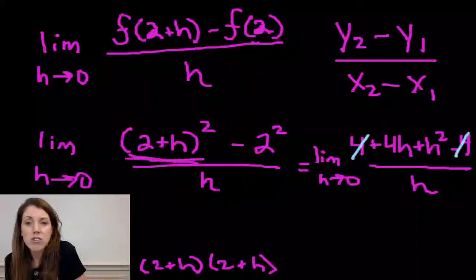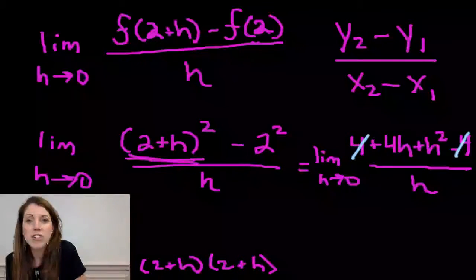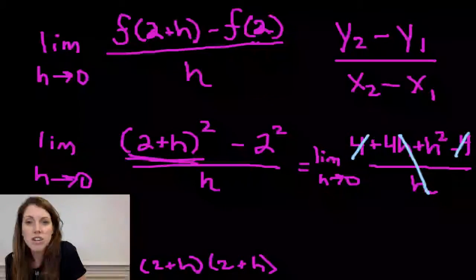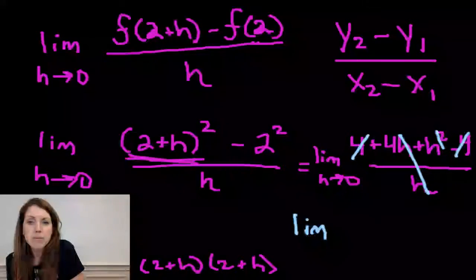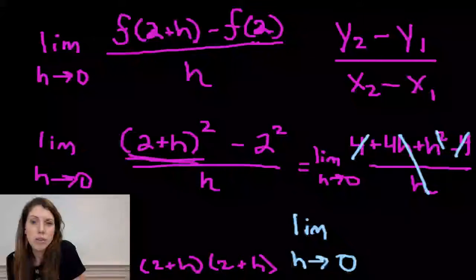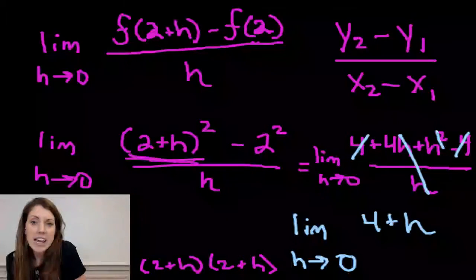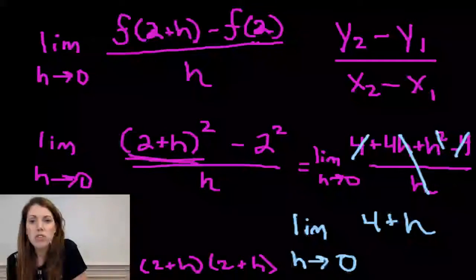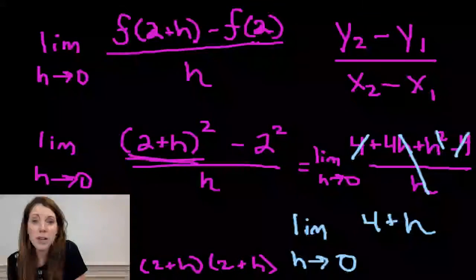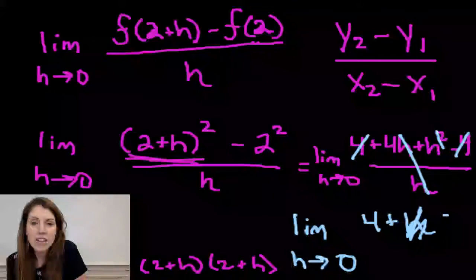If I have 4h plus h squared divided by h, I can just cancel an h here and an h there. So what I'm going to end up with is the limit as h goes to 0 of 4 plus h, and nothing in the denominator because we just canceled it, right? So what's the limit as h goes to 0 of 4 plus h? We can just plug it in, right? Plug in 0, and the answer is just 4.